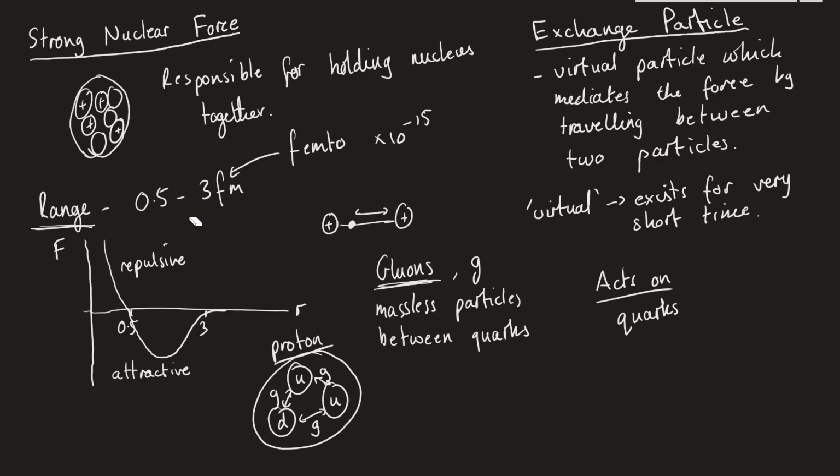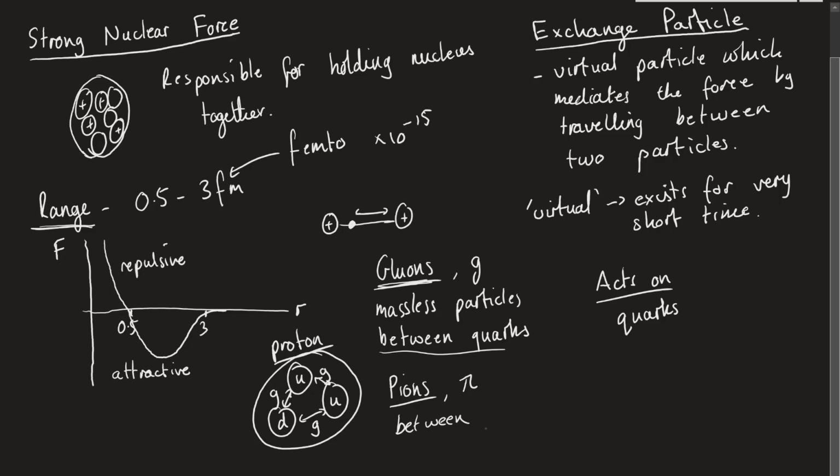So we need a secondary sort of exchange particle that's going to act between 2 nucleons. So gluons act between quarks, but we also have pions. If you remember pions, pions are mesons, so they have mass, but they act between the nucleons. The pions will travel between protons and neutrons, or protons and protons, or neutrons and neutrons inside the nucleus.